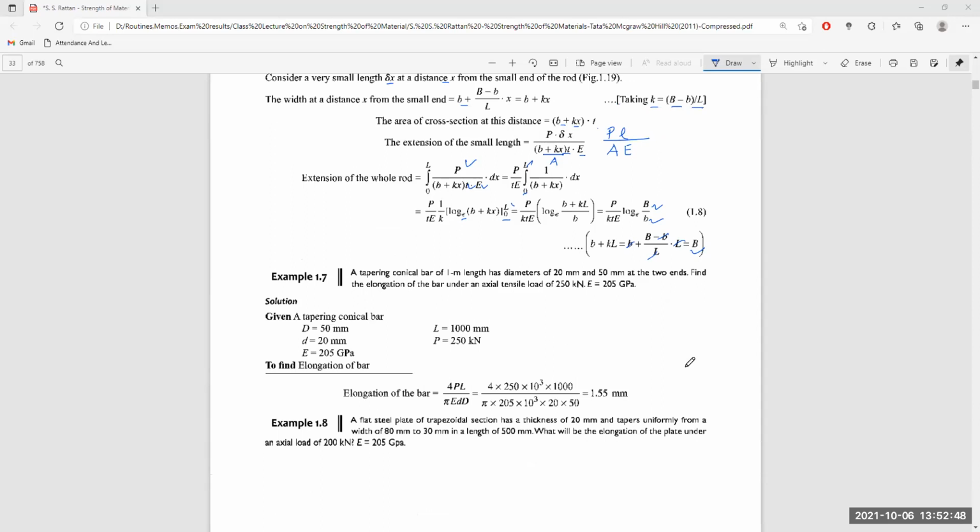Here we have a tapering conical bar of 1 meter length that has diameters of 20 millimeter and 50 millimeter at the two ends. So here small d is equal to 20 millimeter, capital D is equal to 50 millimeter, and we need to find the elongation of the bar. Length is equal to 1 meter, which is 1000 millimeter.